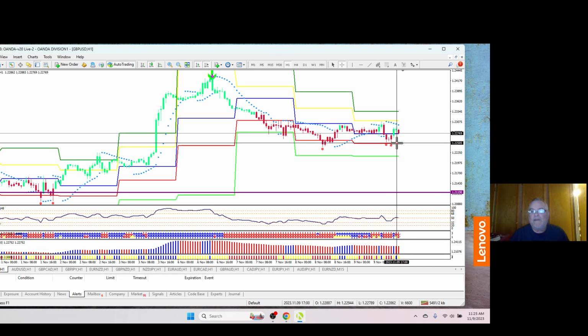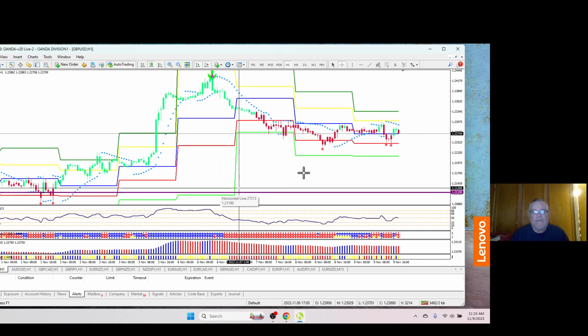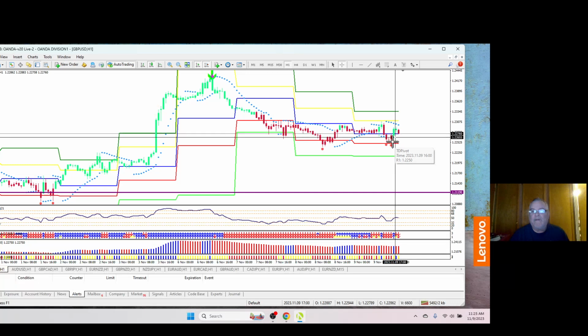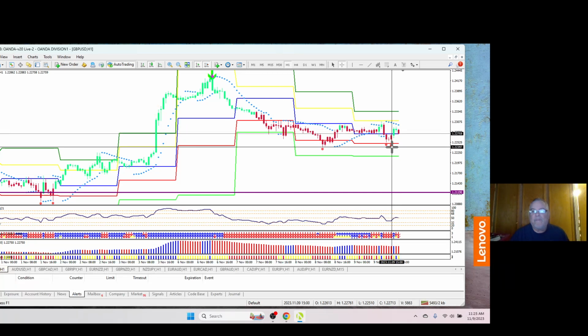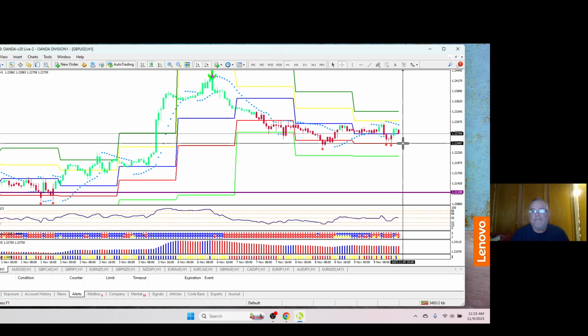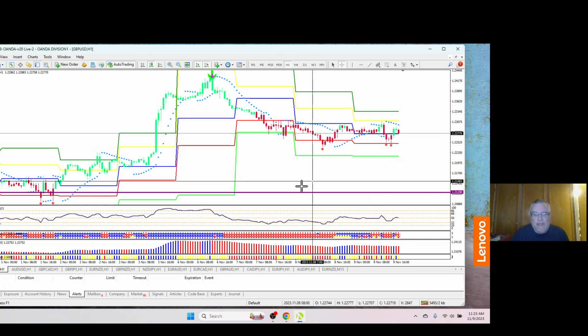So I'm glad I got where I got. Been able to move on that push up, even though I didn't take out the high. Try to move the entry as quick as I can, if I can. Sometimes I can't.